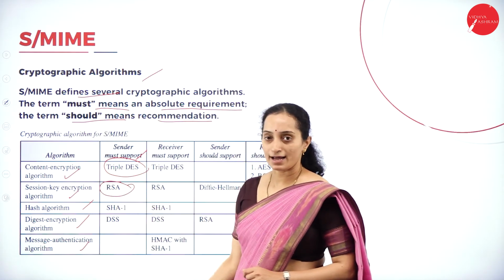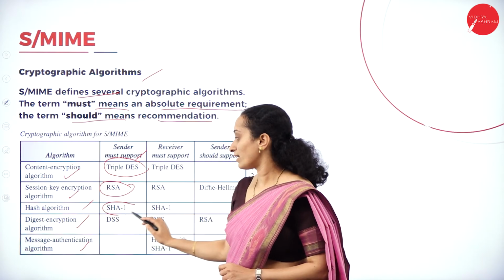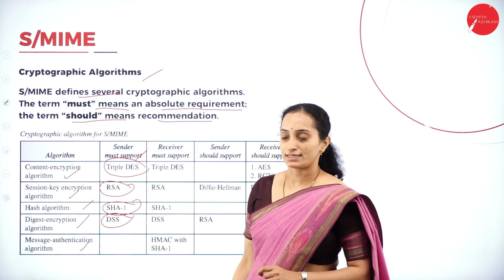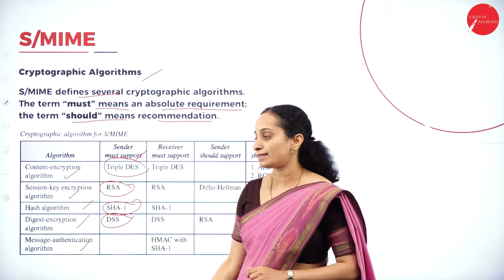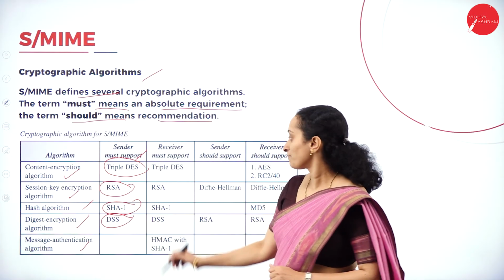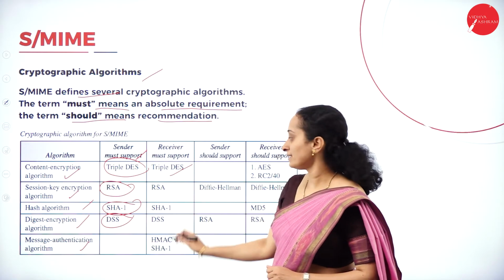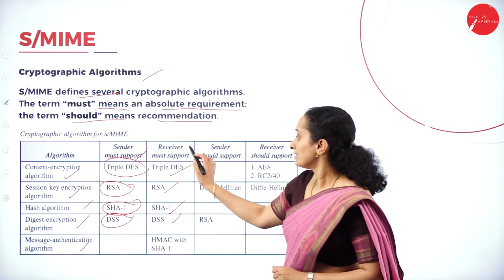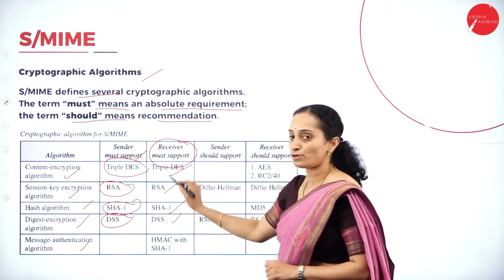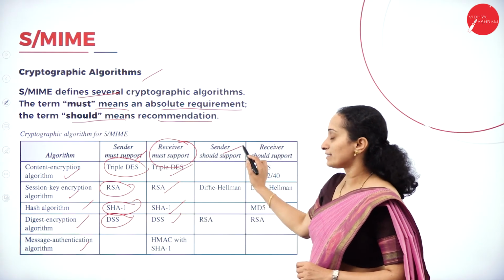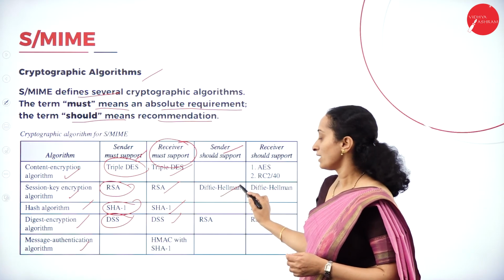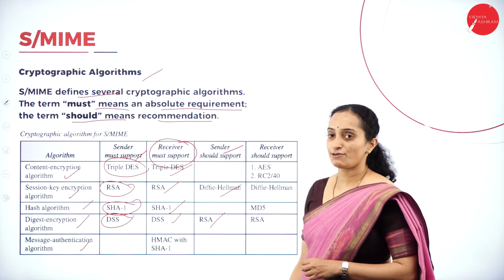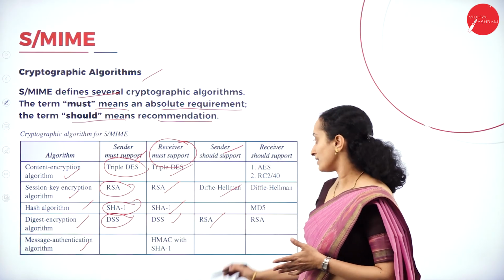In this, the RSA crypto system. Here we have SHA1, and for the digest encryption algorithm, we use DSS. Then we use triple DES, RSA, SHA1, DSS. So the receiver must support these algorithms, whereas the sender can support Diffie-Hellman as an alternative, or RSA for digest generation.